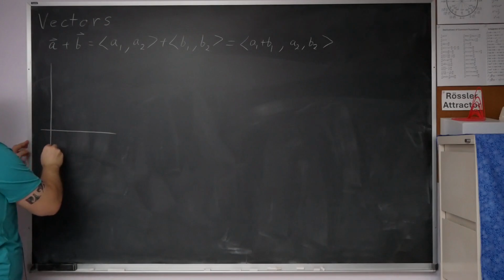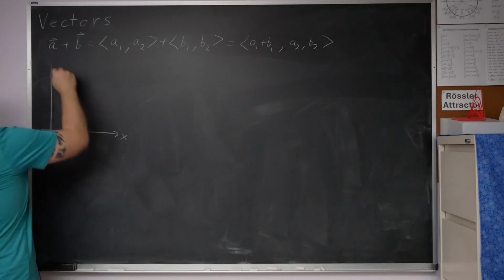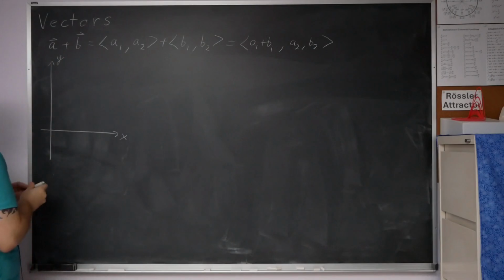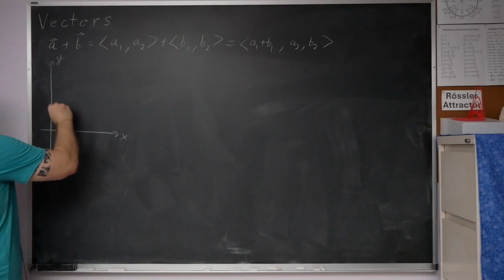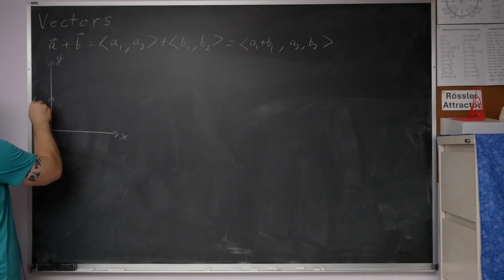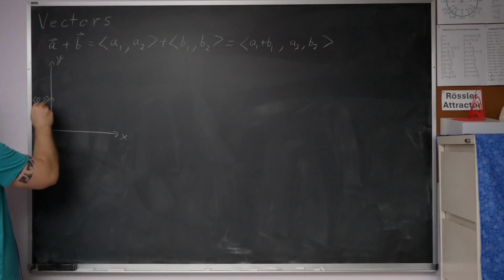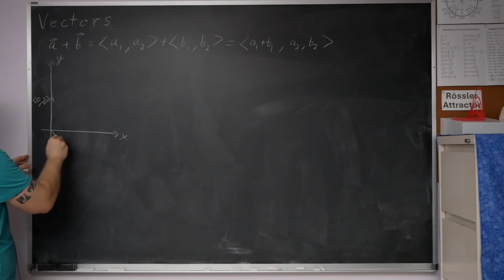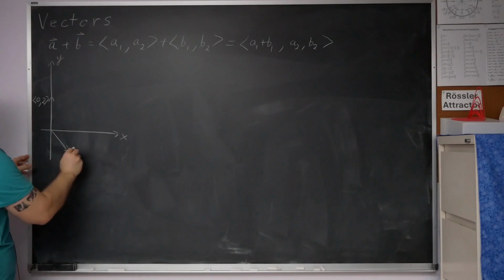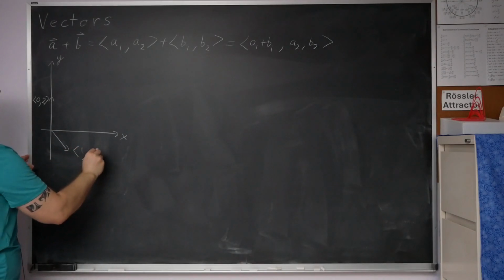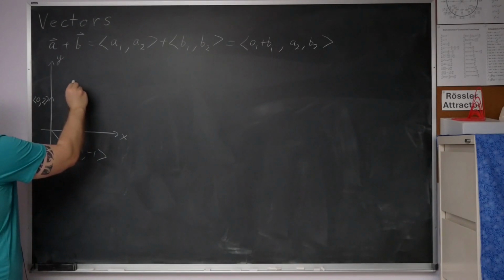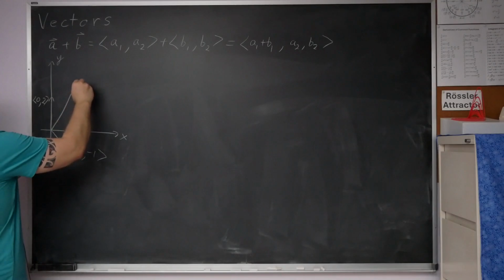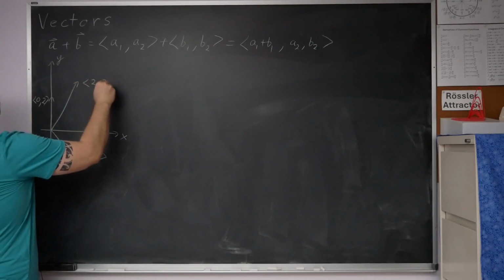All right, well, let's look at adding vectors together. And let me make that a little more down. All right, x, y, and let's do 0, 2, and looks about right, 1, negative 1, and 2, 3.